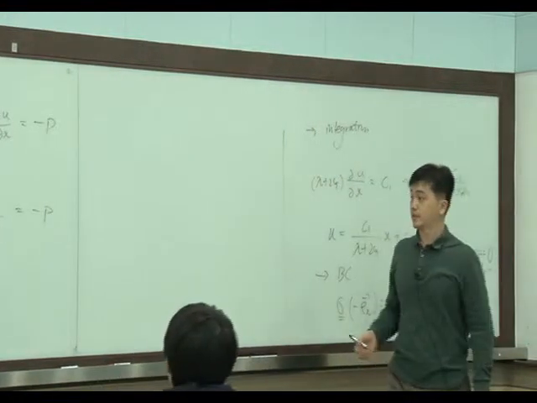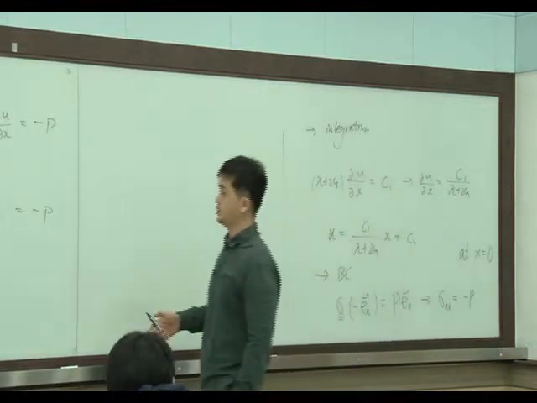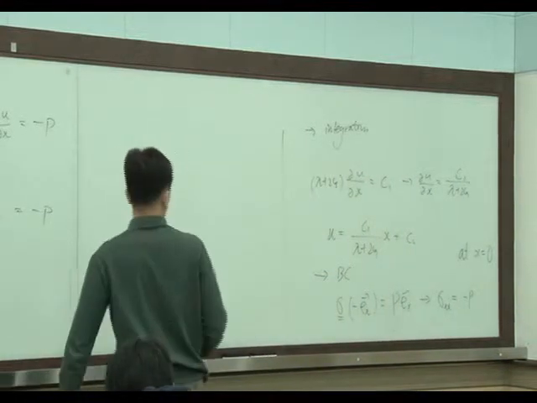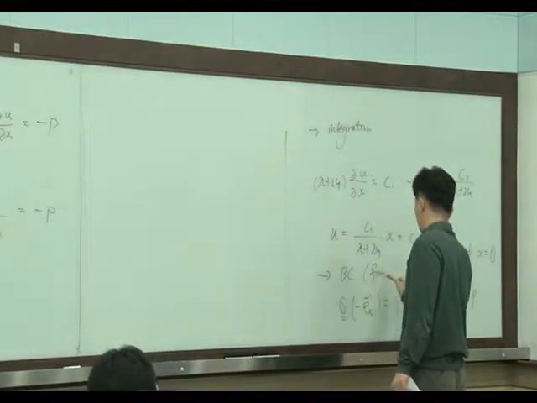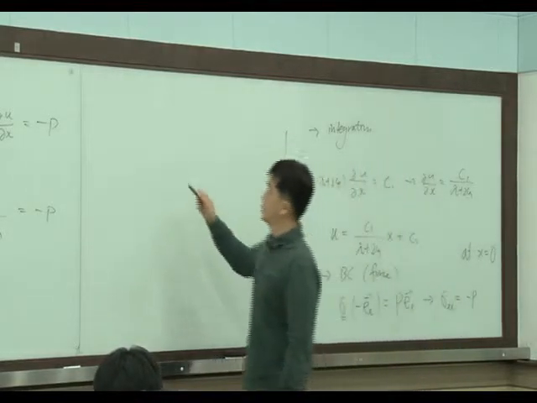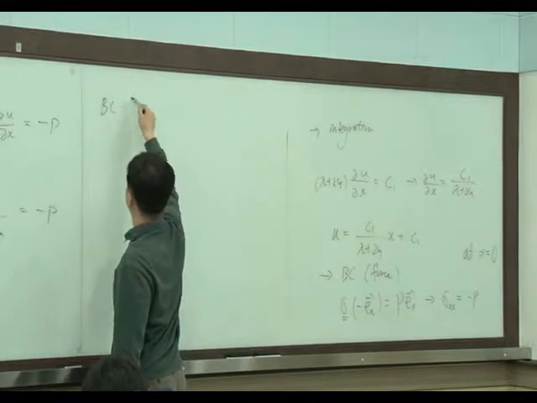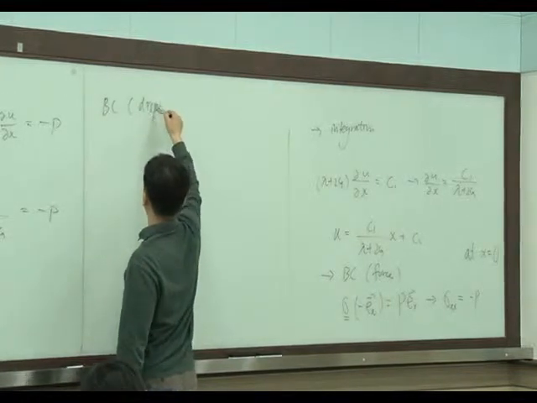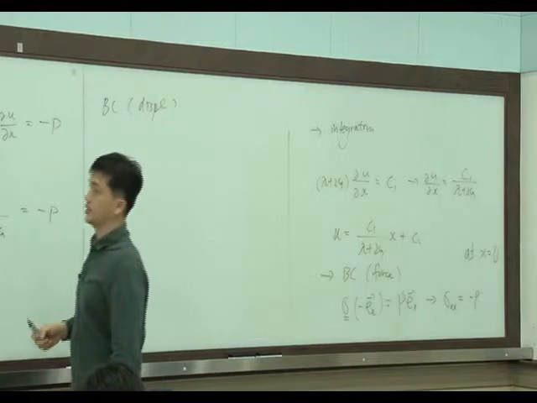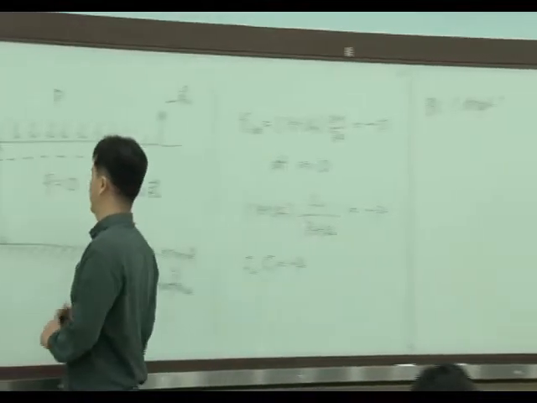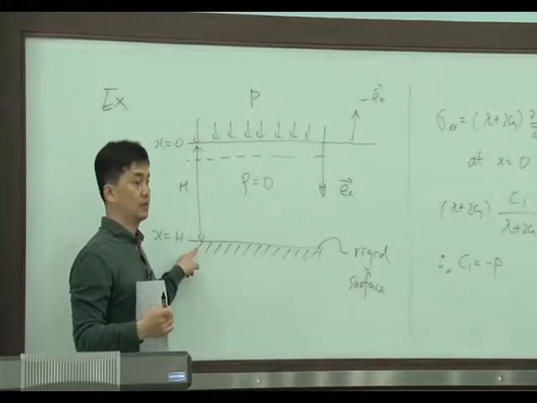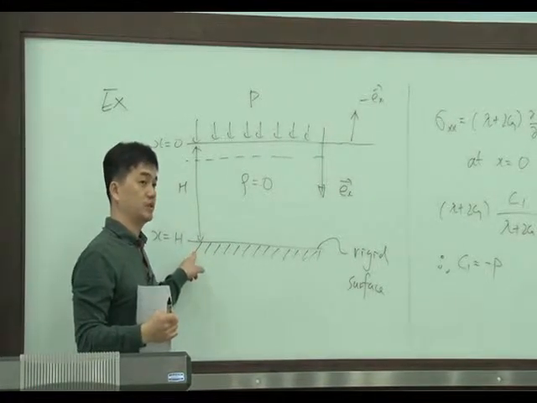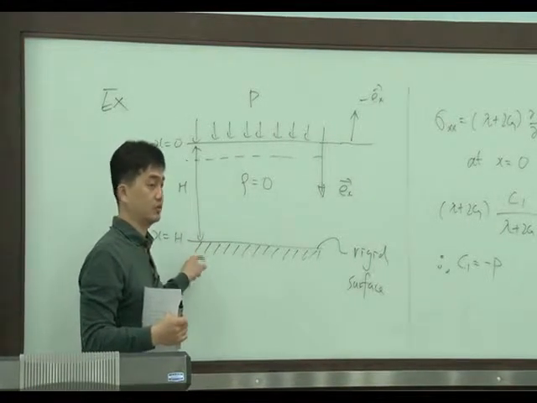C1 equals minus P. Now we need to find C2. This was a force boundary condition. Now the displacement boundary condition. What's the displacement boundary here? We have a displacement boundary at the bottom, so at the bottom there is no displacement.